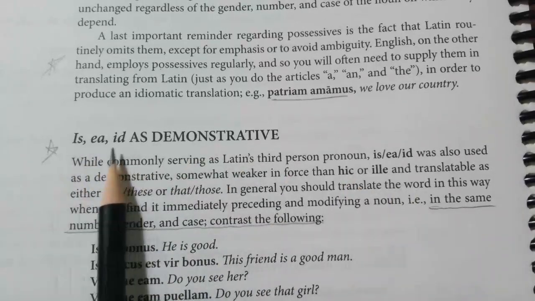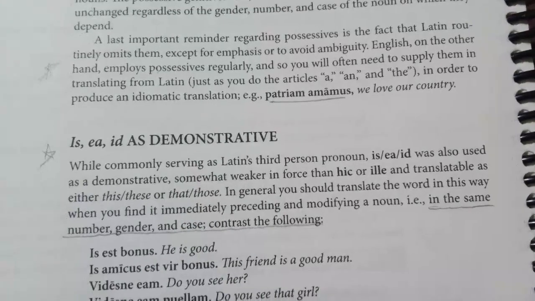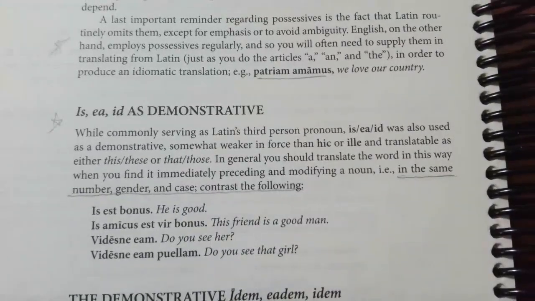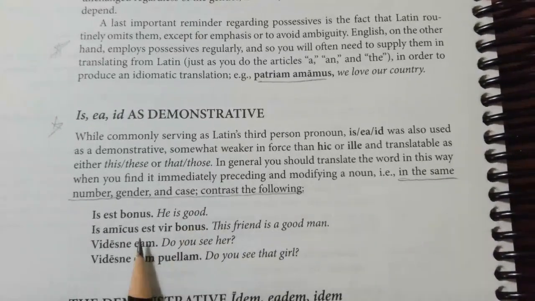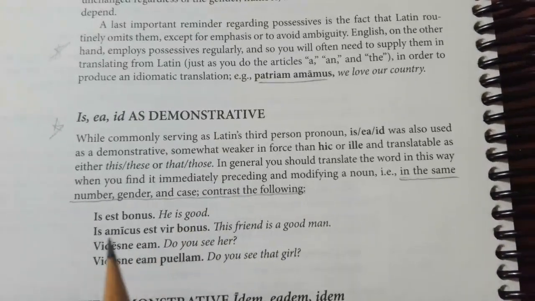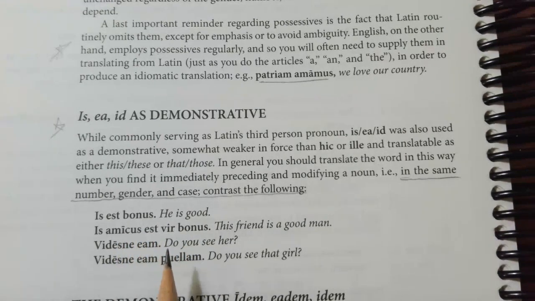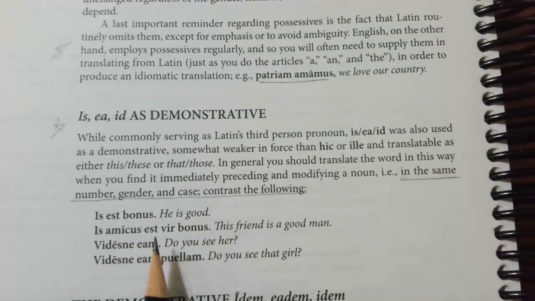All right, is, ea, id. I'm going to try and go quickly here and not drag this out for the rest of the day. They're saying it can be used not only as a personal pronoun, that is, for the name of a person, but it can also be used as a demonstrative. Let's look at two examples here, and then we'll skip on to the next section.